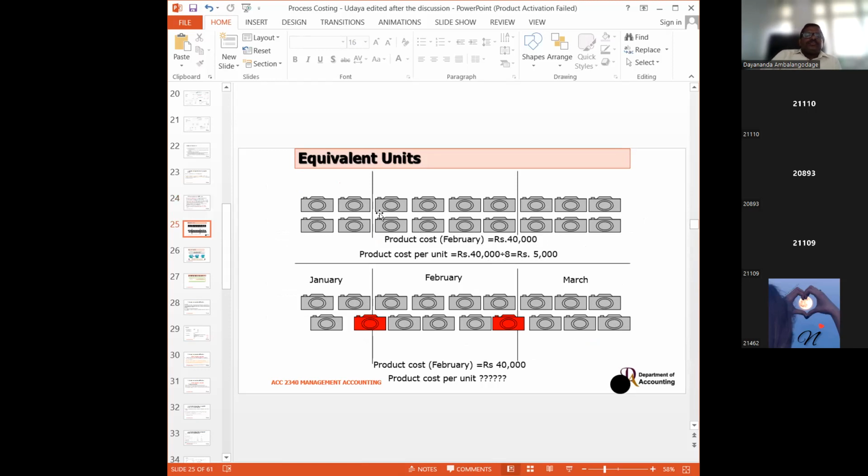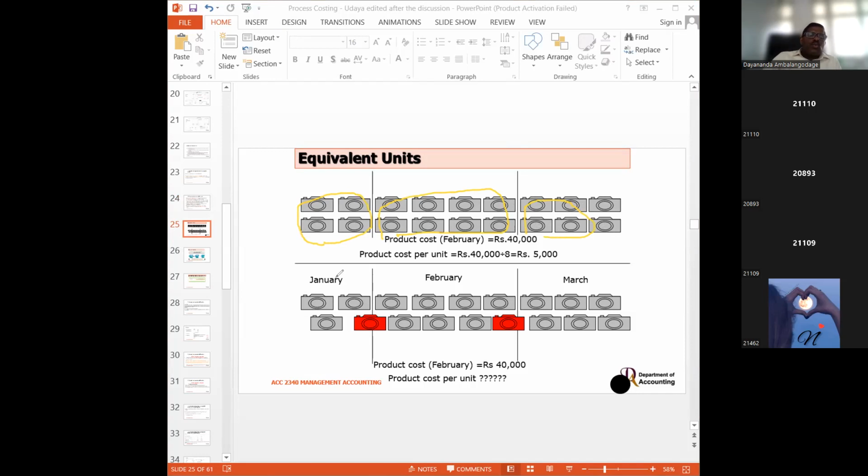Now you see the first diagram, the 4 cameras. This line shows the accounting period. In this accounting period, here all the cameras are completed. There is no WIP, whatever the period you focus on, all the cameras are completed.